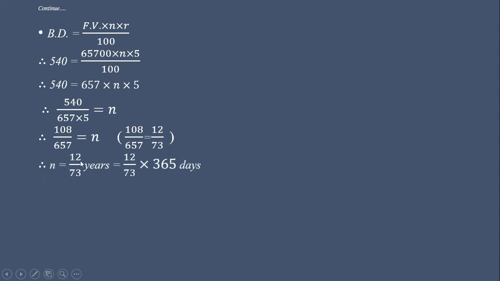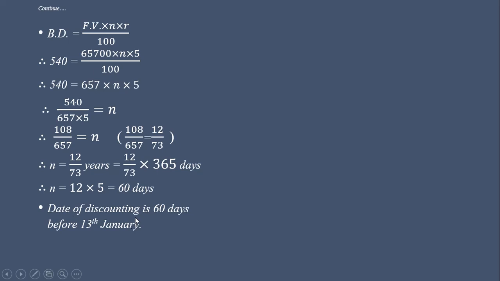So we get N is equal to 12 upon 73 years. Now remember this thing, N is in years, so we convert it into days by multiplying it by 365. So we get 12 upon 73 into 365. 365 upon 73 is equal to 5. 12 into 5 equal to 60 days.